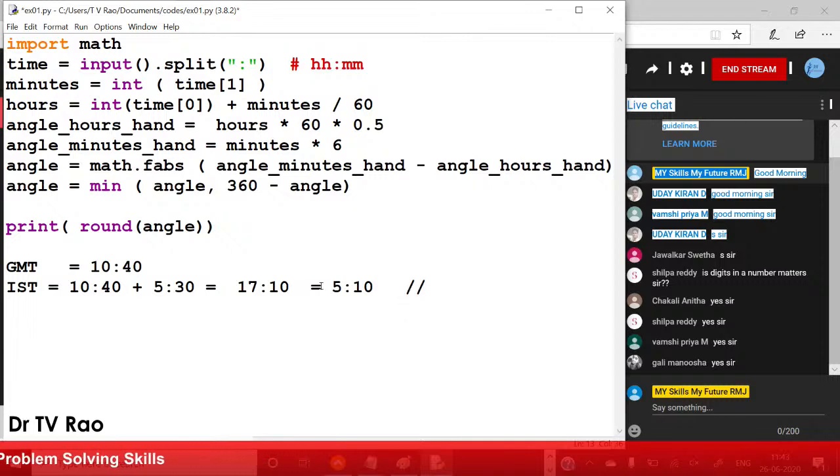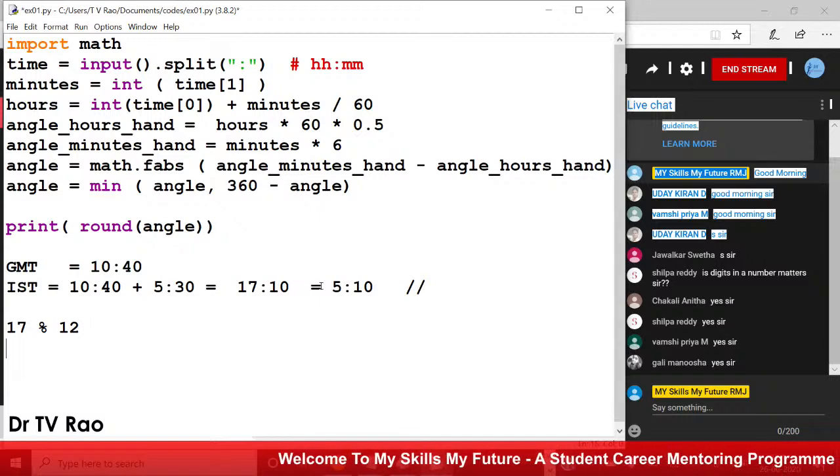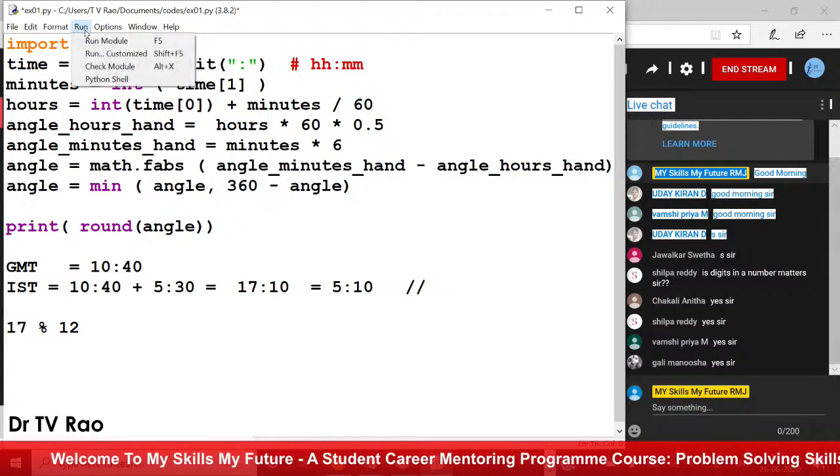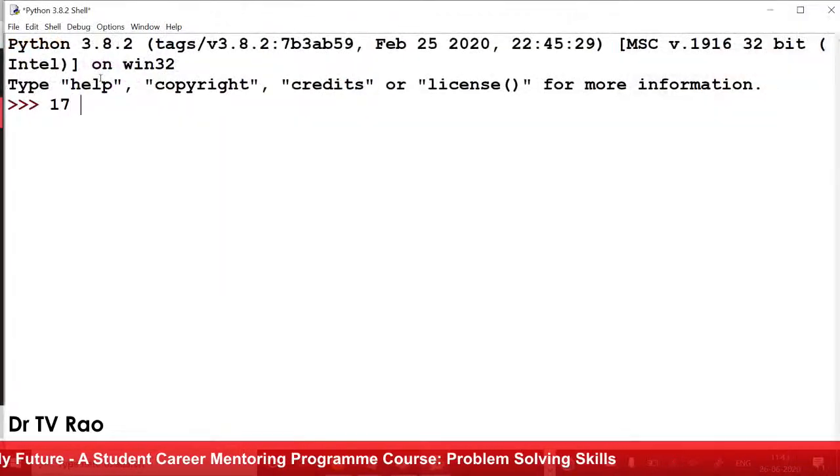So 17 modulus operator. Okay. What is 17 modulus 12? What is 17 modulus 12? 5. Okay. Is this clear?